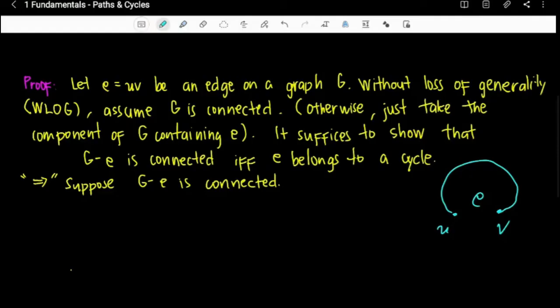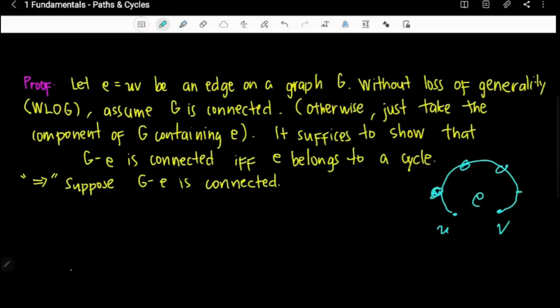So, suppose G minus E is connected. Then there's a path from U to V. Basta imagine niyo lang, may iba pang point sa graph.